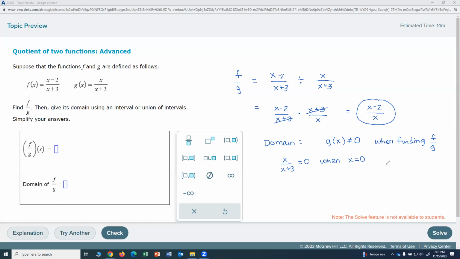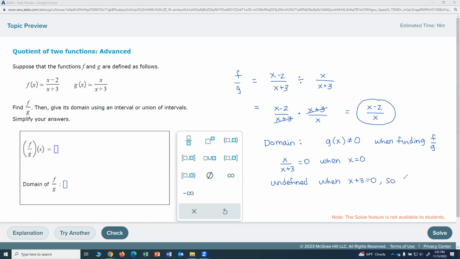And then the other thing is that both functions have to be defined, and they're not defined when you divide by 0. So it's undefined when the denominator x plus 3 equals 0.